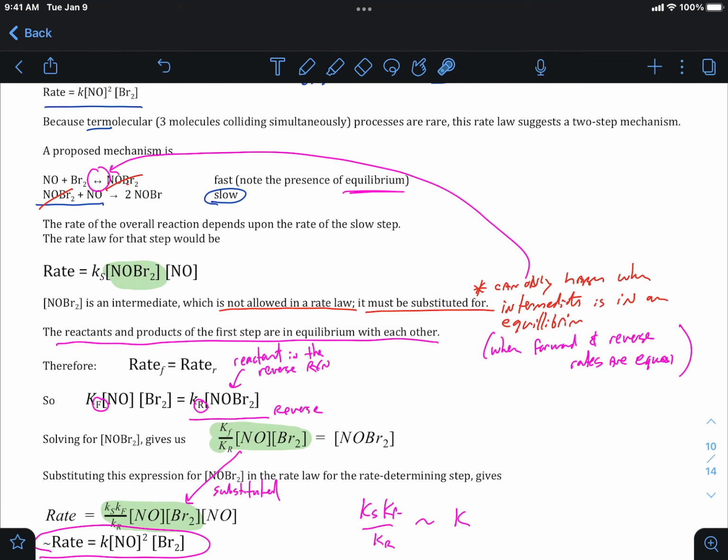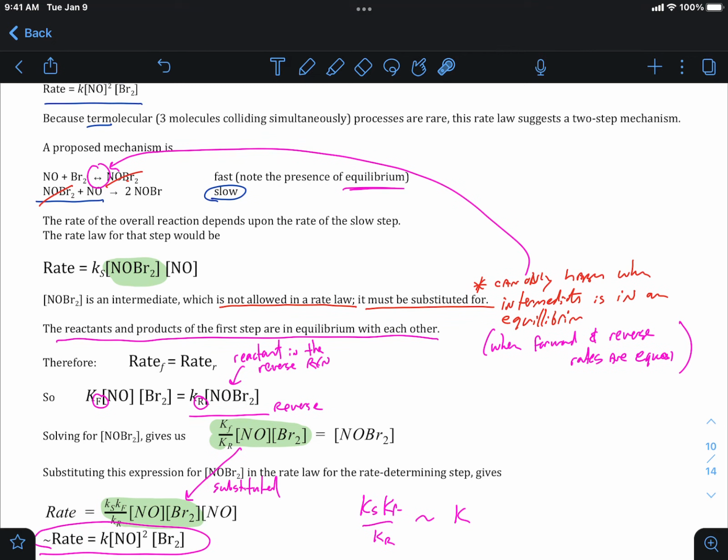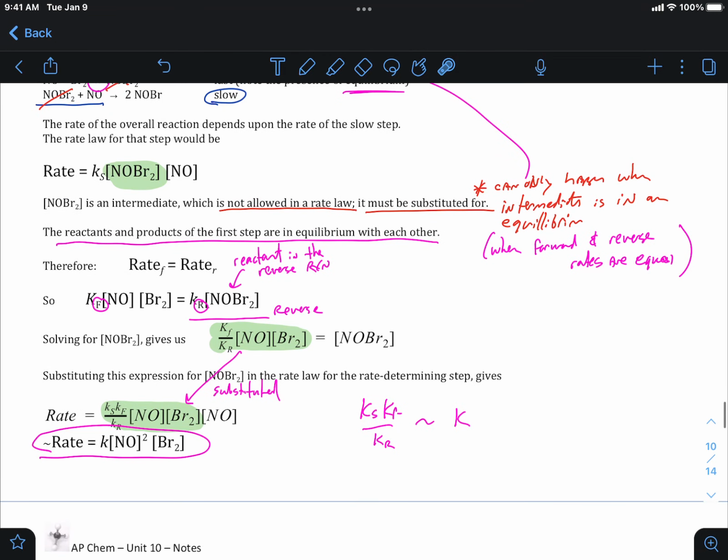So what you would do is take the forward and reverse rate laws, which are equal to each other, and substitute in their variables, rearrange to solve for what the intermediate is equal to, concentration-wise, and substitute that in place of the intermediate. By doing so, that gives you a workable rate law, which will reflect the actual rate. We do this because you cannot express an intermediate in a rate law. So it's a workaround.